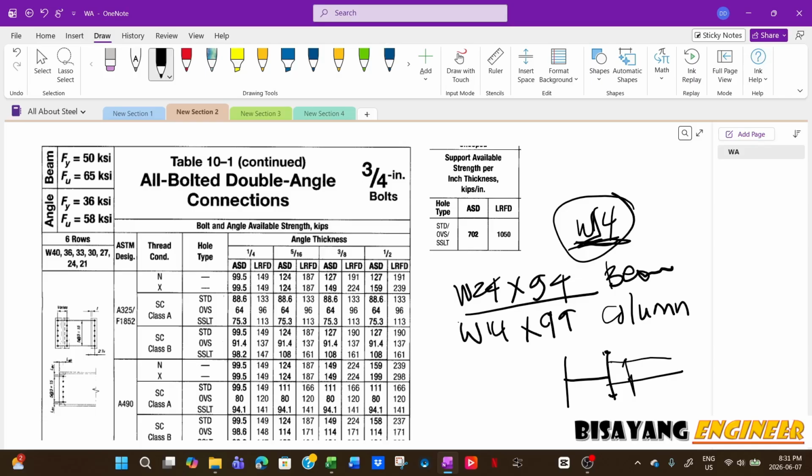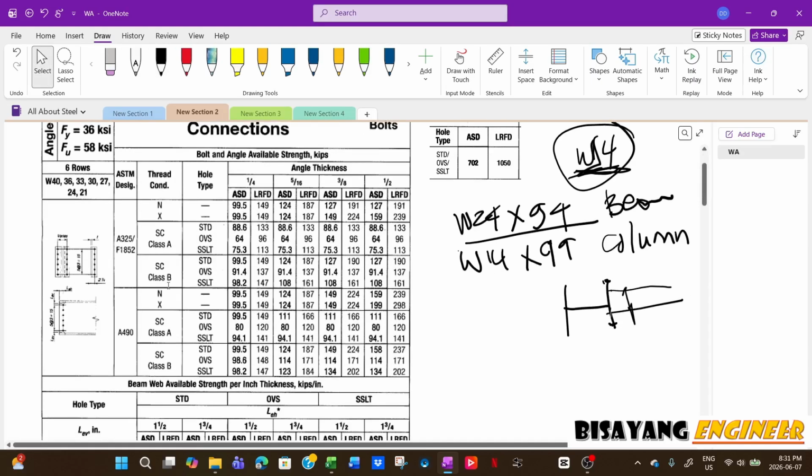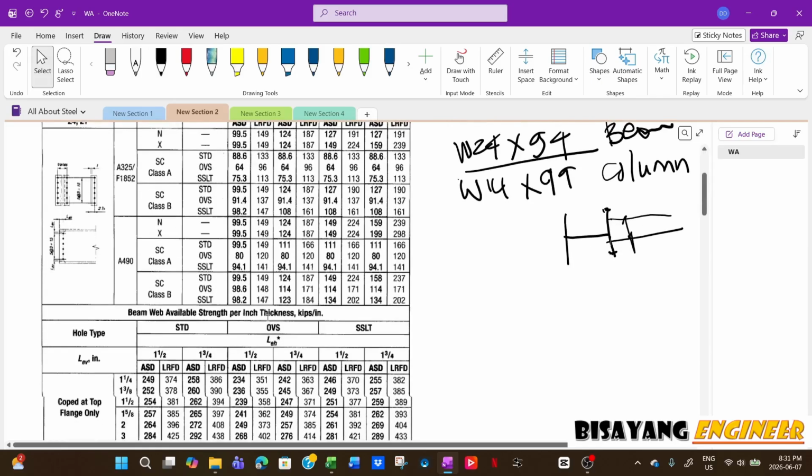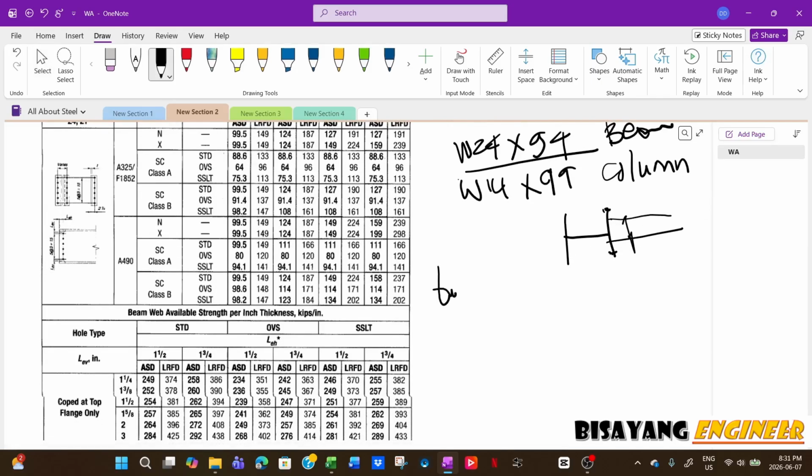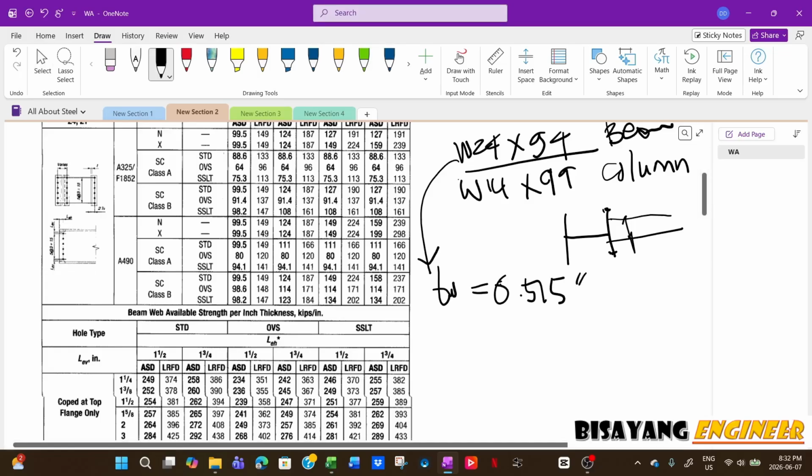So the information you need for the beam is the thickness of web for W24 by 94. Thickness of web is 0.515 inch.